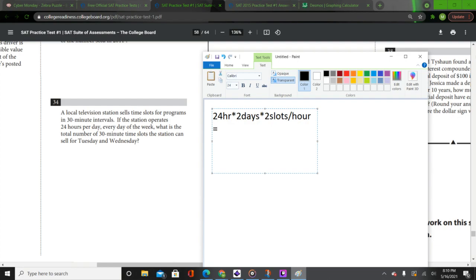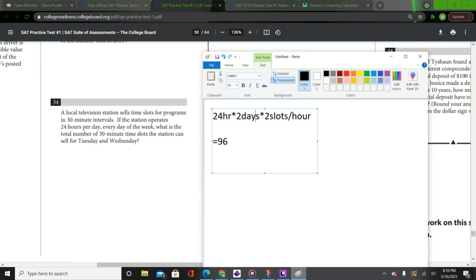Equals 96. And I understand you're going to say the units are a bit of a mess, and they are. However, we have a 2-day interval, 2 days for 24 hours each.